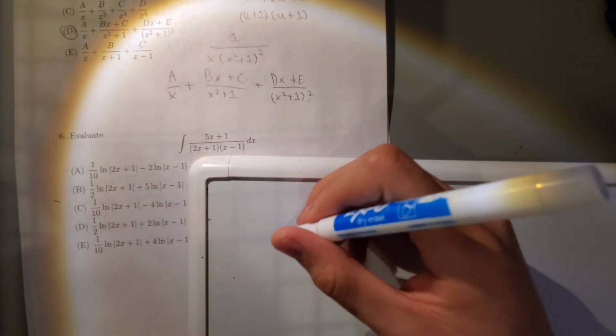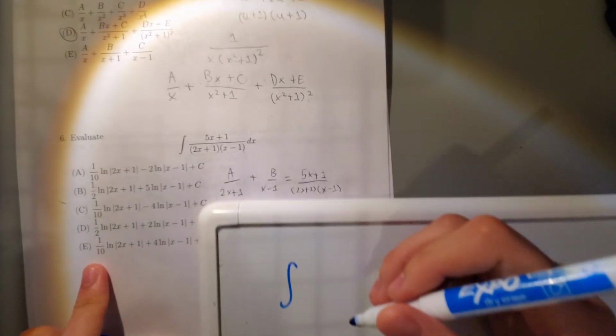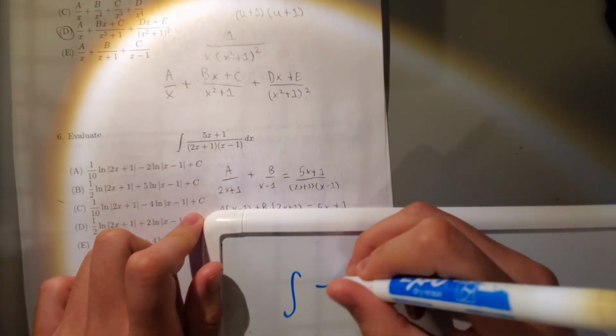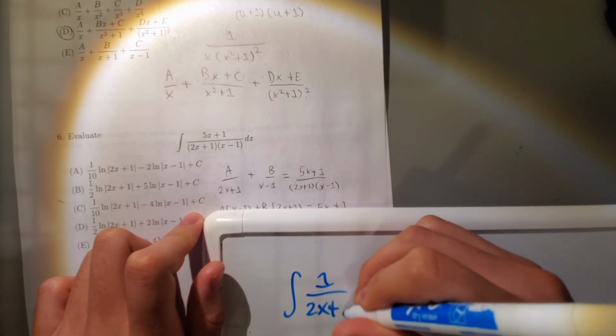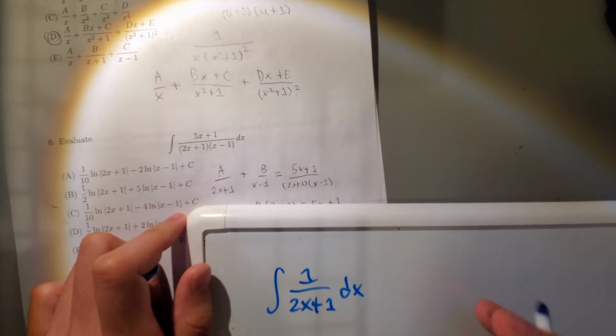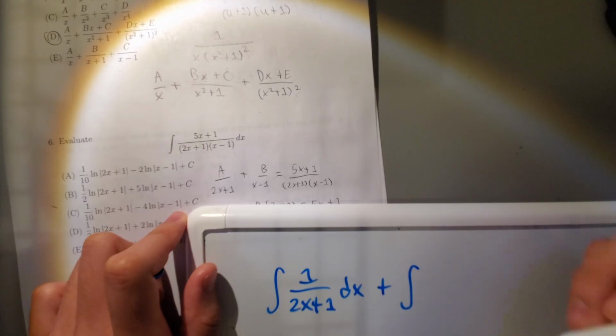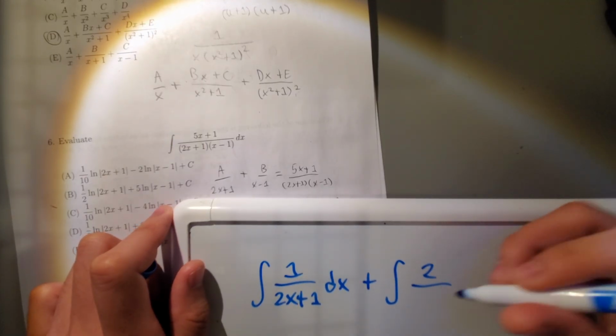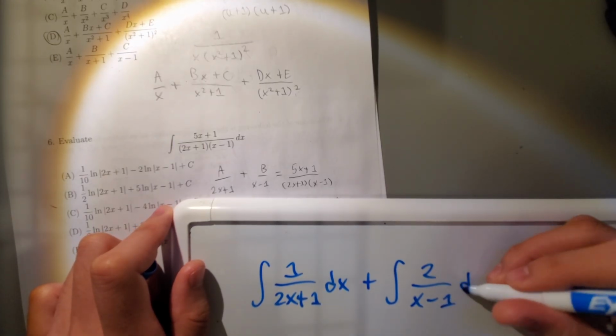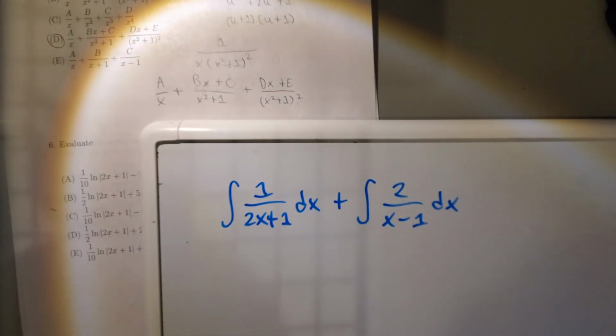So our new, split up integral ends up being equal to the integral of, since a is 1, 1 over 2x plus 1 dx plus the integral of 2 over x minus 1 dx.